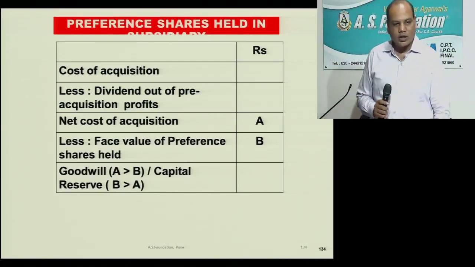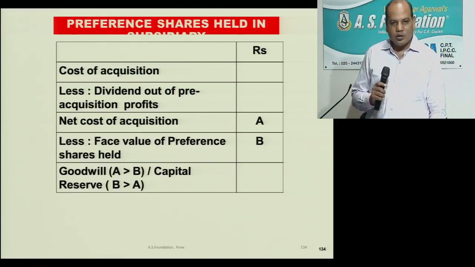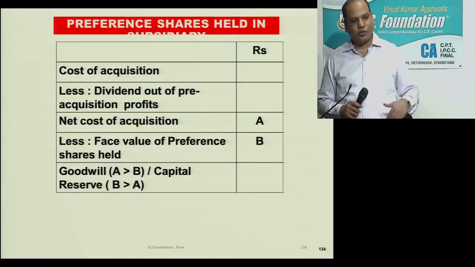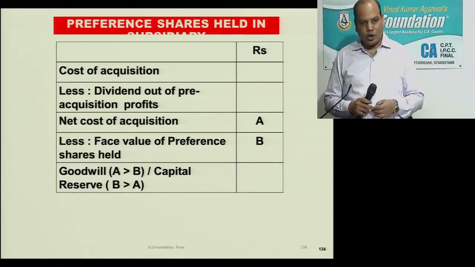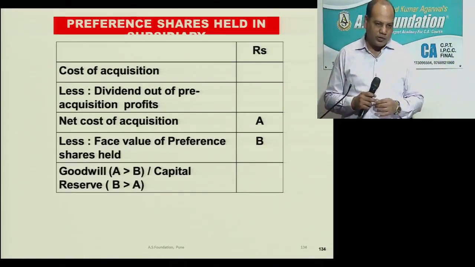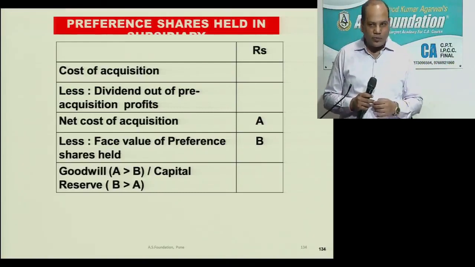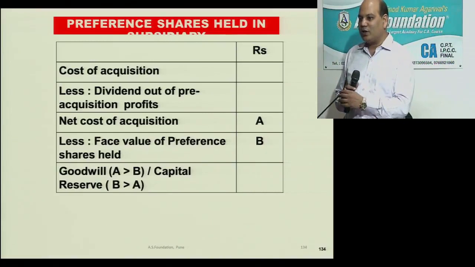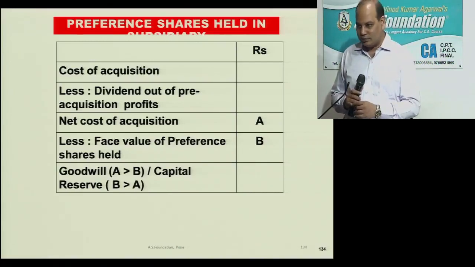If the two figures, A and B, are different, then it will give rise to goodwill or capital reserve. A greater than B, goodwill. B greater than A, capital reserve, and it will also be shown in the balance sheet along with the goodwill of equity shares, along with the capital reserve of equity shares. And if equity shares have goodwill and preference shares have capital reserve, we will do netting off.